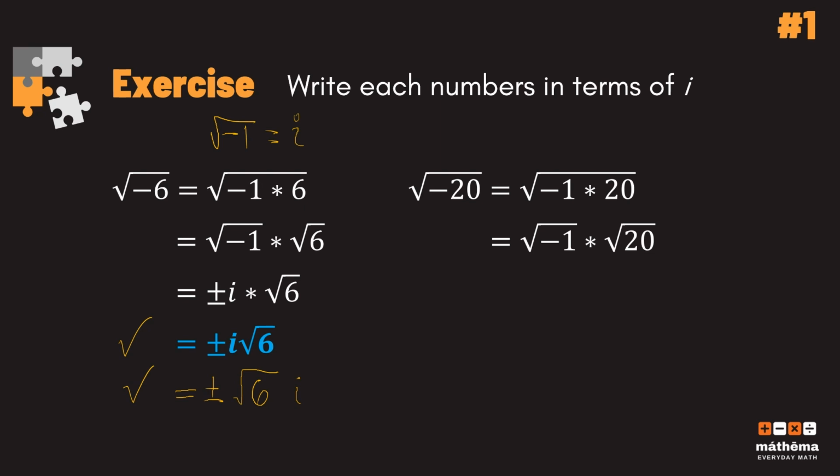The square root of negative 1 is just I, and 20 is not a perfect square, so we leave it as is. Our answer will be I times the square root of 20, or square root of 20 times I. Both answers are correct, just a matter of preference in writing.